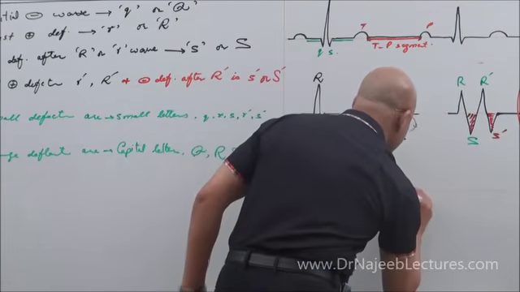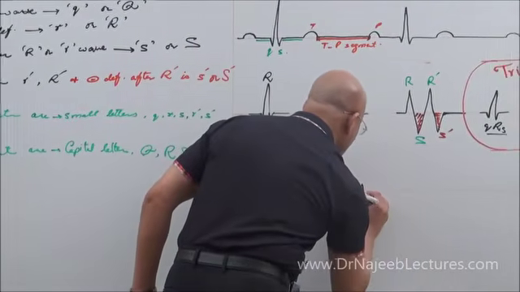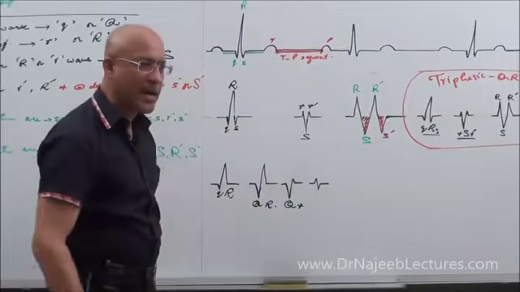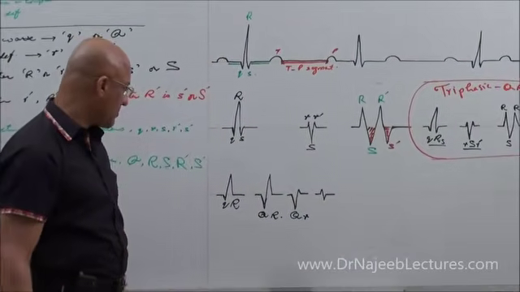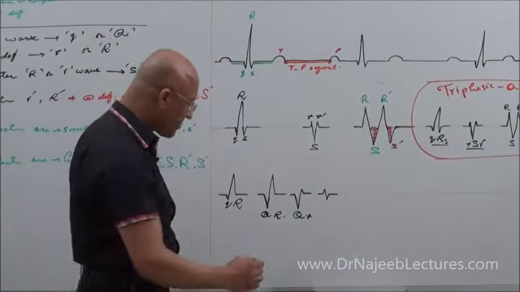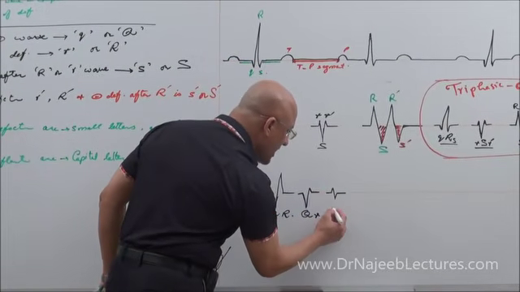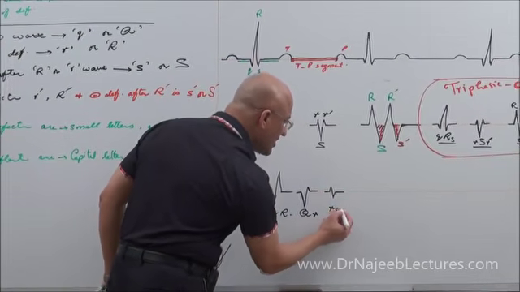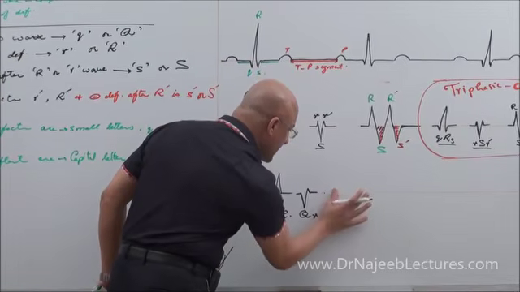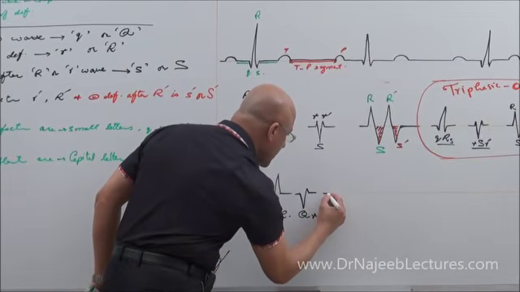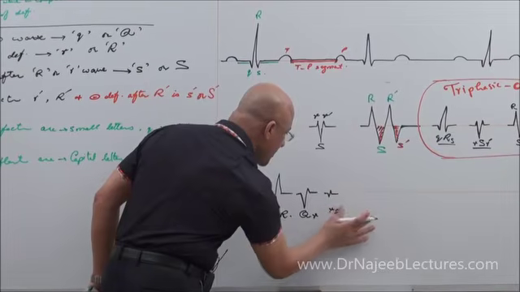And then if the deflection is like that, what will you call it? This is R, very good, small r and s. Or if I repeat it in a different way, then what is it?